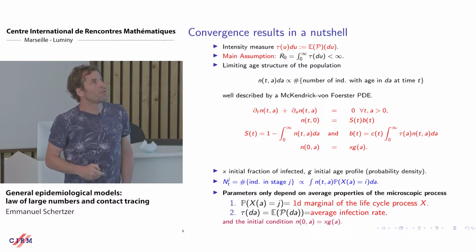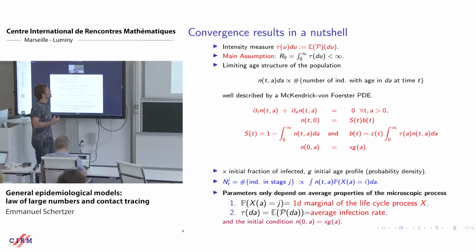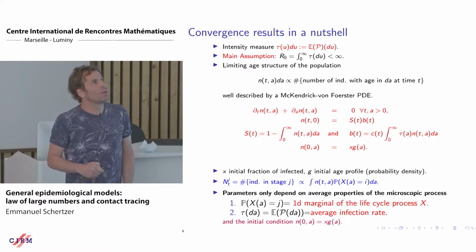So the main quantity here will be the intensity measure of the infection measure. So P is the infection measure, and you take the expected value of this. So T(u) du is the average number of contacts that you make in between u and u plus du. And in particular, if you want to recover what's called the basic reproduction number, then what you have to do is to integrate this intensity measure from 0 to plus infinity.